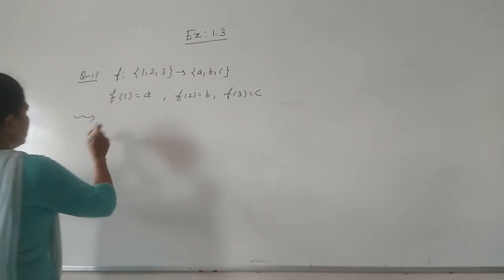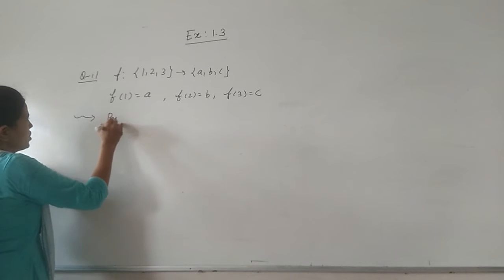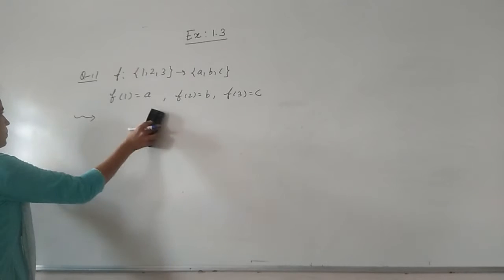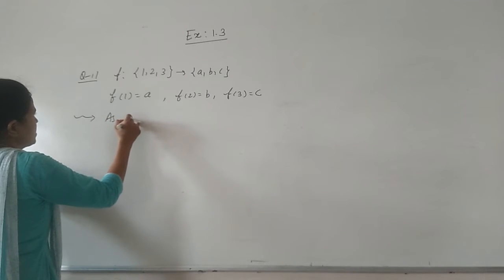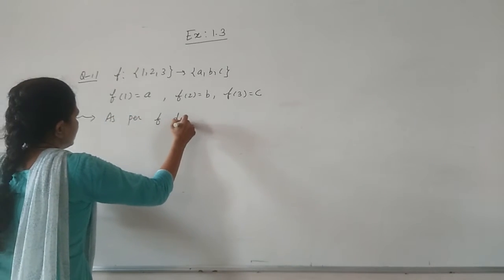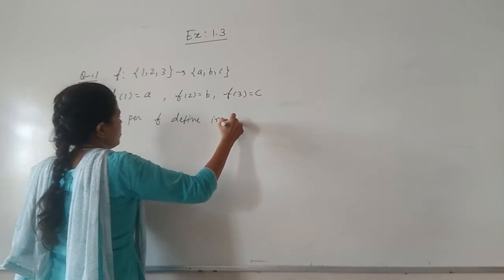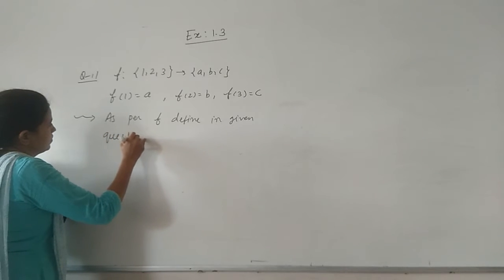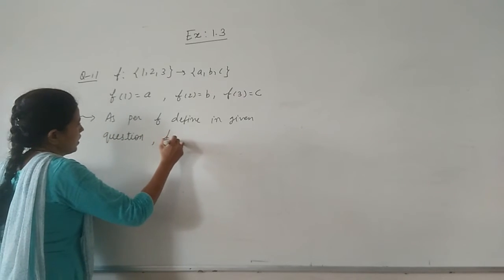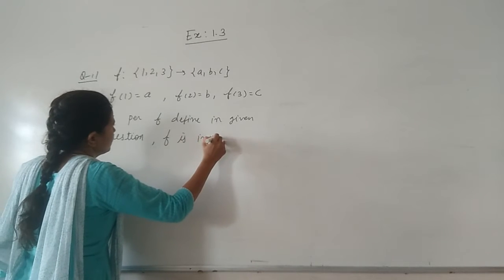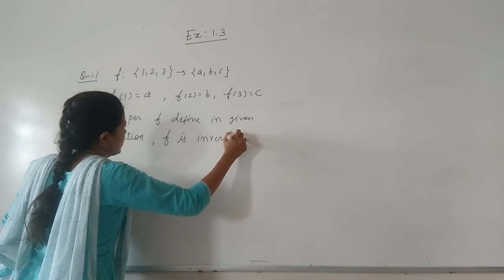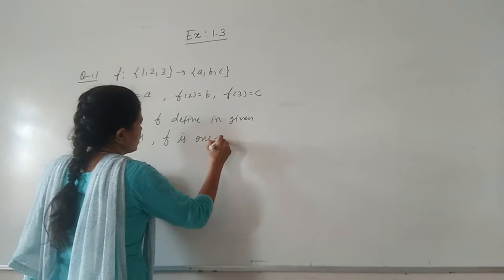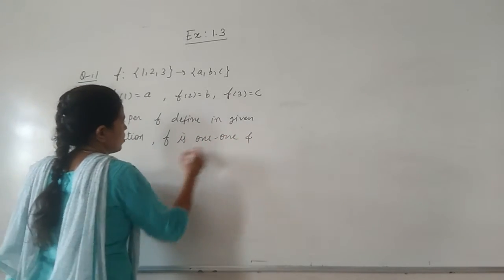So I can say, as per f defined in the given question, f is invertible, or f is 1-1 and onto. That will be much better. So f is 1-1 and onto.